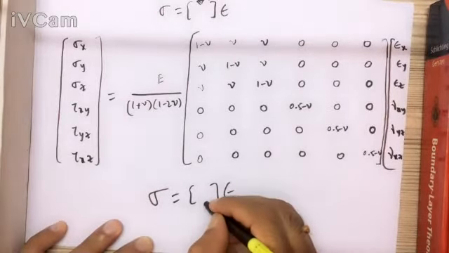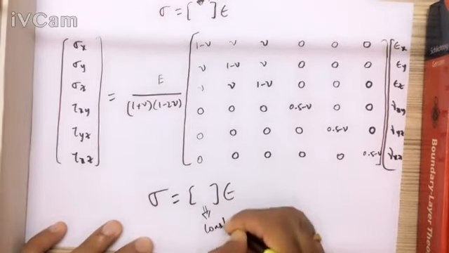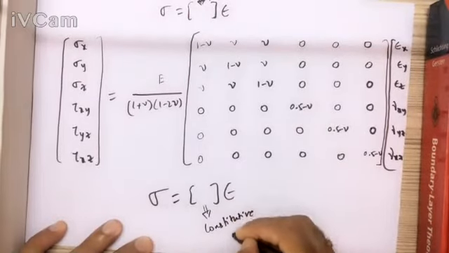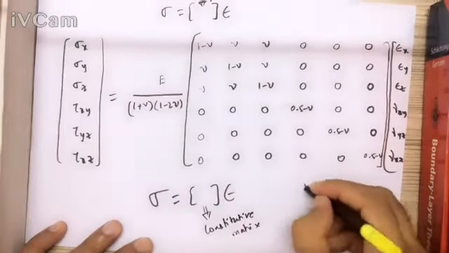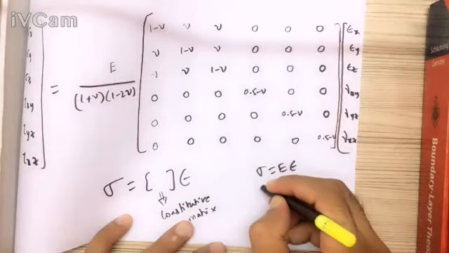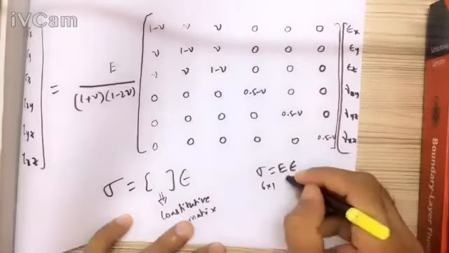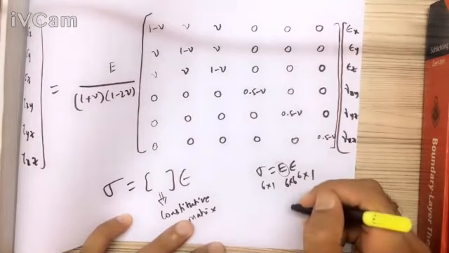We call this the constitutive matrix. Why? Because this is not simply sigma is equal to E into epsilon. That will not satisfy because sigma is 6 by 1 and epsilon is 6 by 1. Obviously this matrix should be 6 by 6, otherwise it will not satisfy.